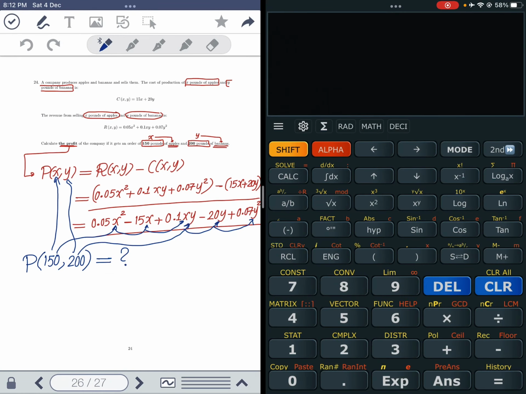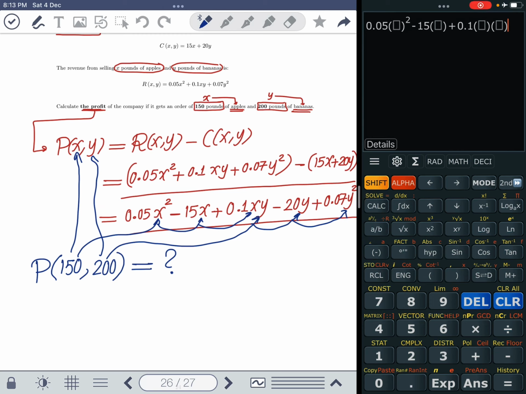Okay, so let's first enter the formula. 0.05 x squared, so something squared. I will not put x, so minus 15x, so I put just parentheses, plus 0.1 xy, in parentheses, minus 20y, plus 0.07 y squared. And now I know that I will replace y by 200.